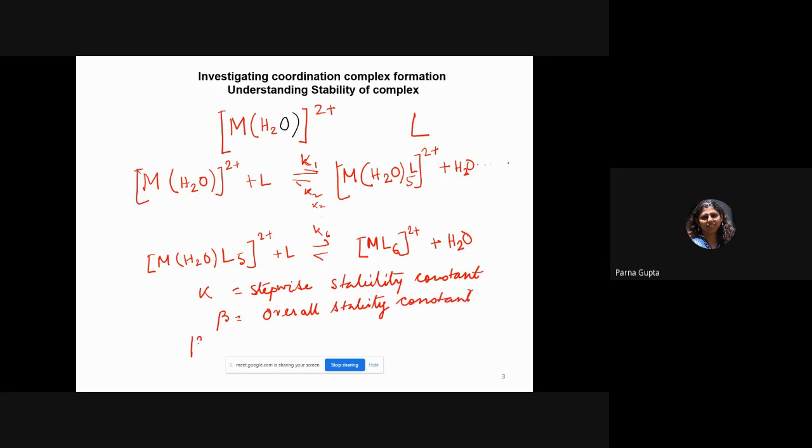In that case, beta 6 is K1 into K2 into and so on up to K6. Sometimes this beta value is given, and if you take the log of beta 6, it is log K1 plus and so on up to log K6. This is just a representation of how you measure the stability.